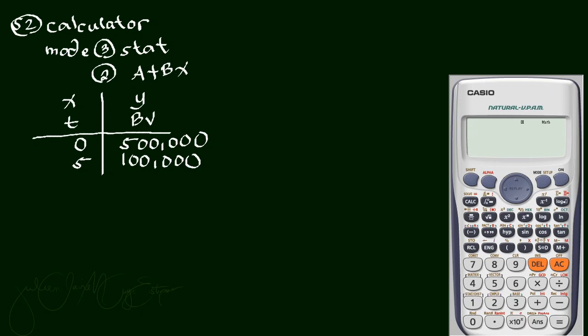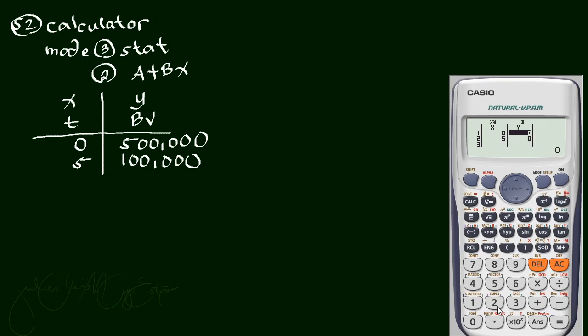So if you are going to use your calculator, you press mode and then you click 3 for statistics, and then next you click 2 for A plus Bx. So you type 0, you press equals, then next 5, you press equals, and you go up there.